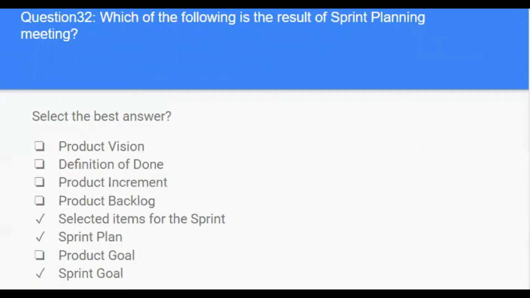Answer. Selected items for the sprint, plan, and sprint goal. The outcome of the sprint planning meeting is the sprint backlog. The Scrum Guide 2020 explains the sprint goal, the product backlog items selected for the sprint, plus the plan for delivering them are together referred to as a sprint backlog.